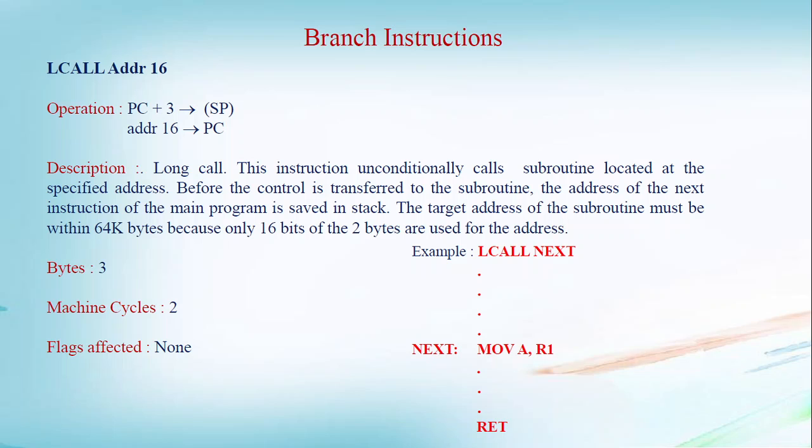It requires 3 bytes, takes 2 machine cycles, and no flag is affected. Example, LCALL NEXT. It will jump to the next label, which is nothing but a subroutine call.